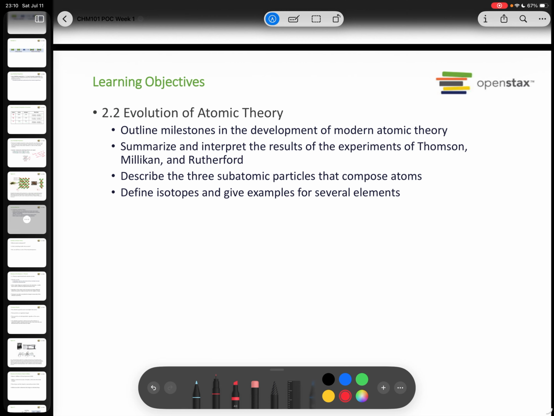We should be able also to describe the 3 subatomic particles, ano yun, electrons, protons, tsaka neutrons, and define ano yung isotopes. So the key question here is now, if matter is made of atoms, what are atoms made of? So good.